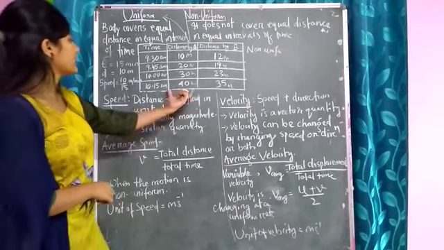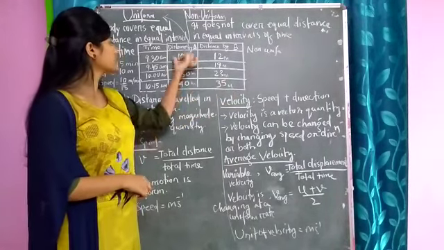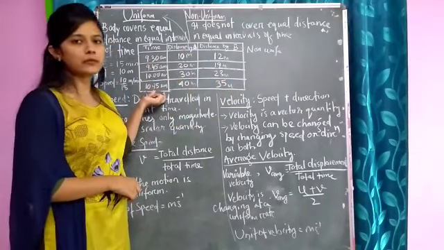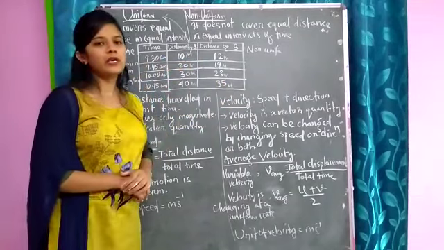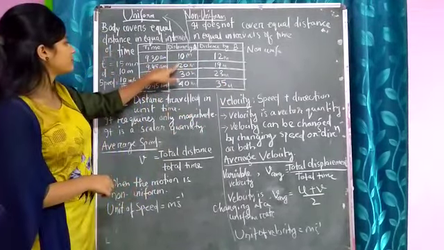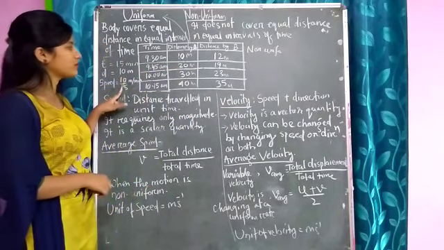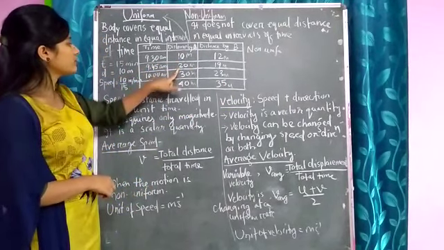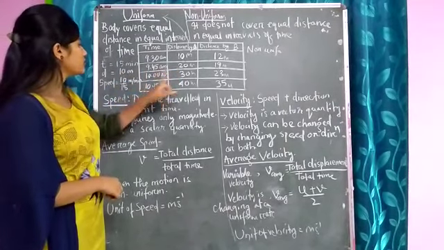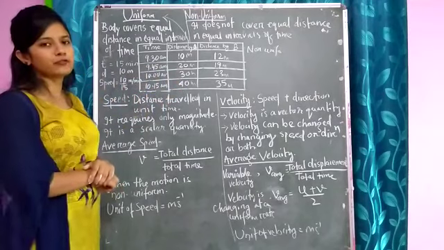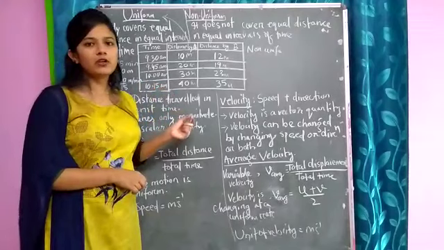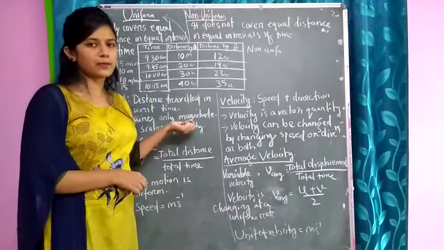In this case, for uniform motion, for each 15 minutes your speed will be the same. If I go for the first interval, it is 10 by 15. For the second, it will again be 10 by 15. For the next, again 10 by 15. That means for each interval, the speed is the same.